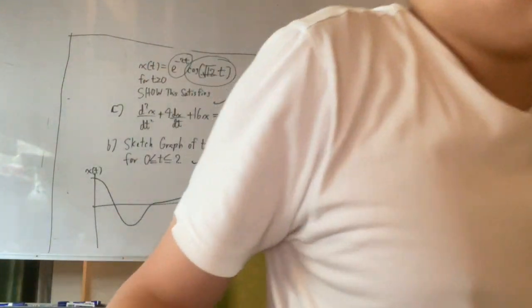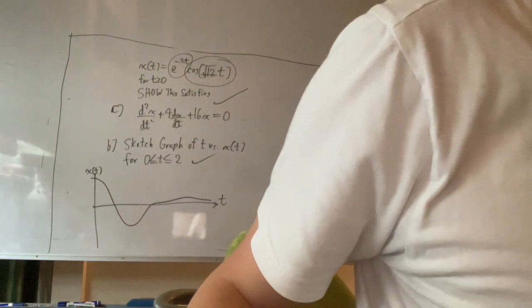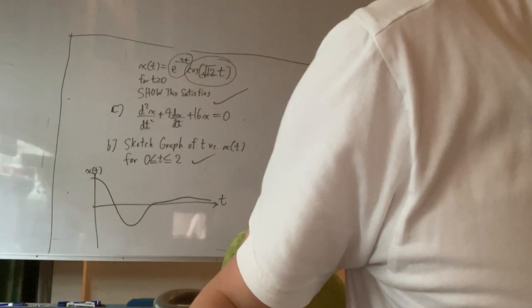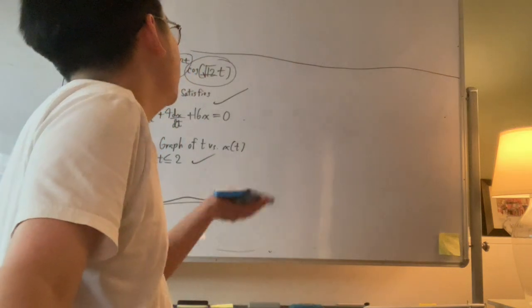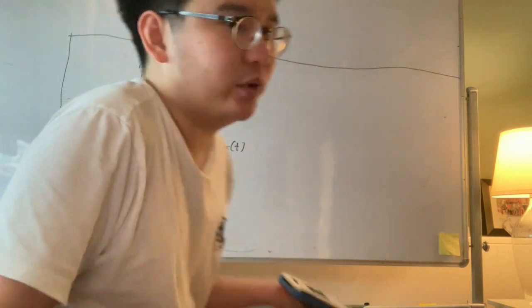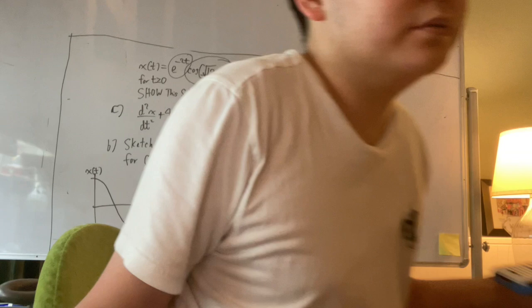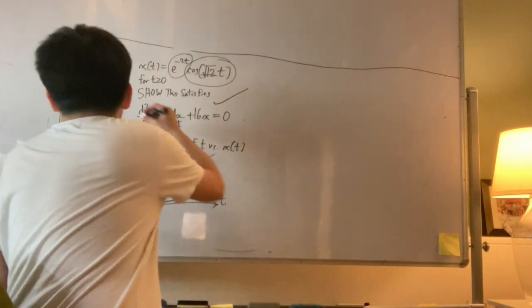Okay, now find the time when the bearing first comes to rest. Just to let you know, this is a small metal bearing on a spring oscillating inside a cone of liquid. Okay, let me just draw the picture.